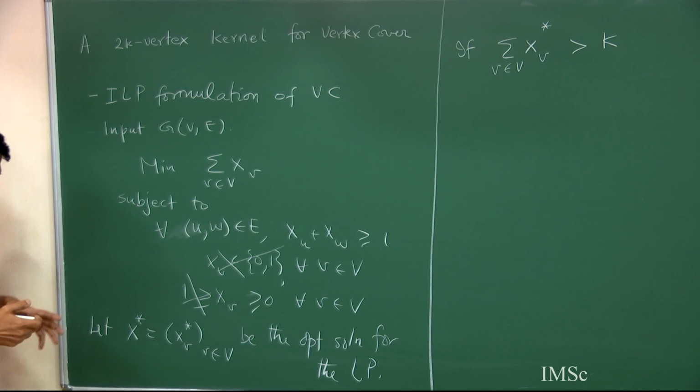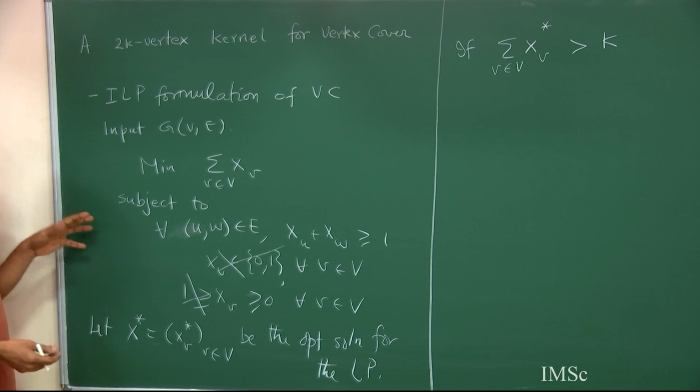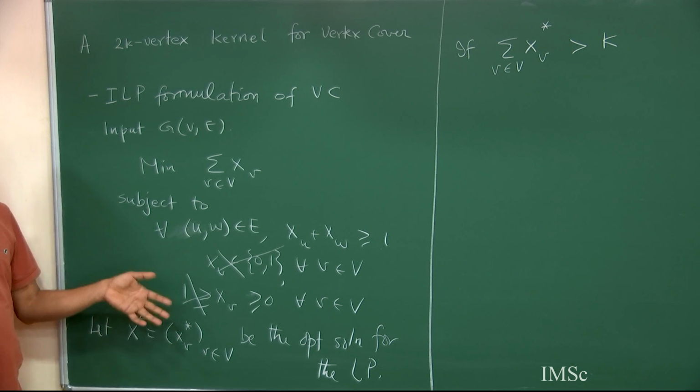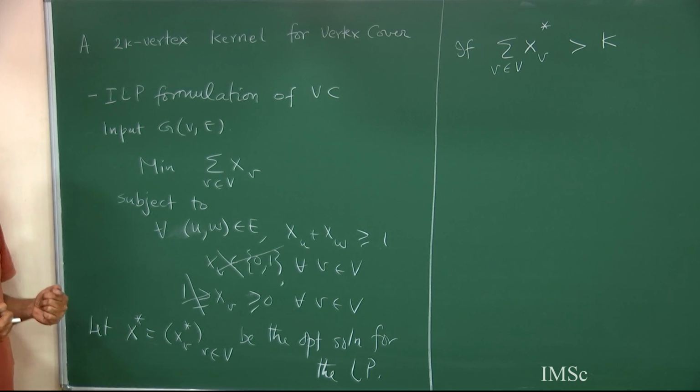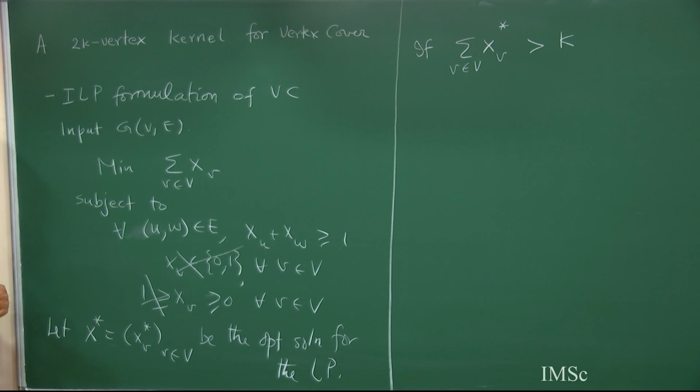Notice that the integer linear program exactly models the vertex cover. So the objective function for the integer linear program gives you the minimum vertex cover size. Once you relax it to a linear program, your objective function may actually become even smaller, correct? Because you have relaxed it. Whatever was a solution continues to be a solution even now, but your objective function may become smaller because you allowed some fractional values.